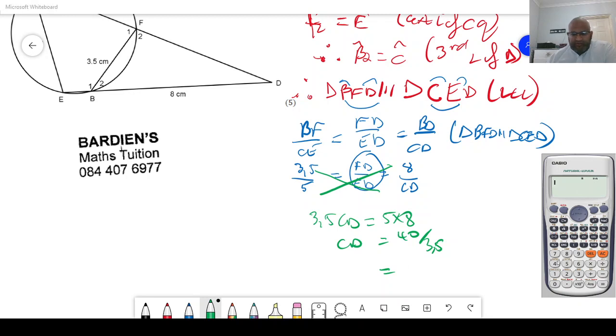That is simply 40 over 3.5. That gives us 11.42. So remember, the question says to one decimal place, so it is going to be 11.4 centimeters.